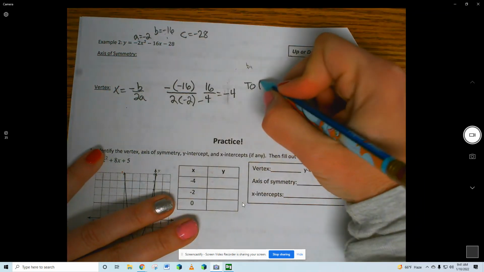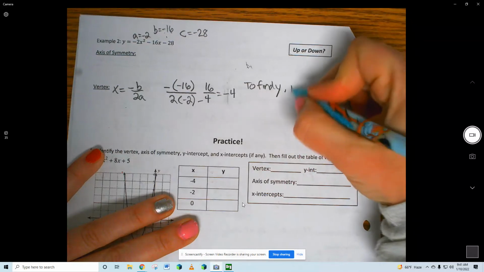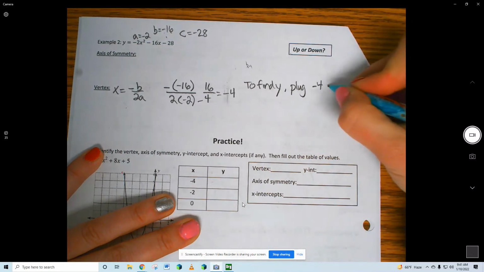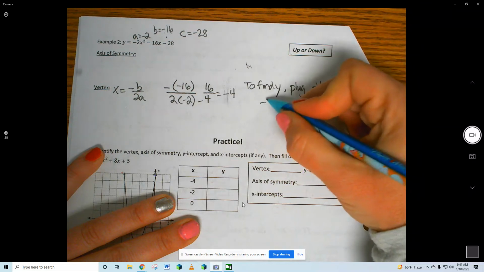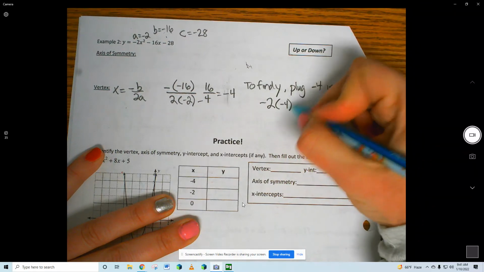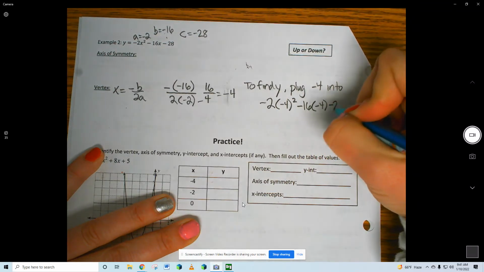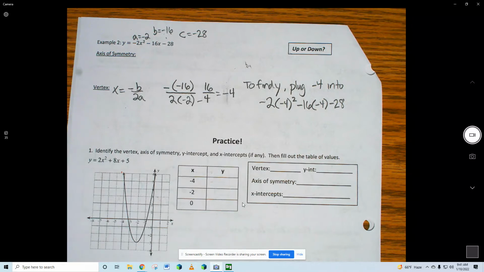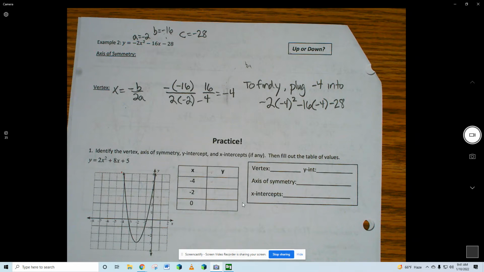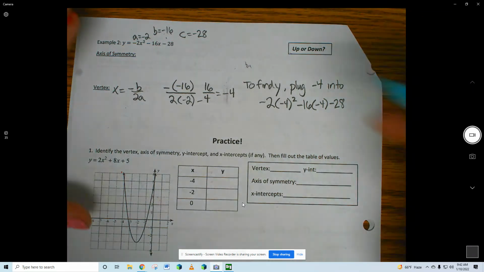Now to find y, plug negative 4 into negative 2, negative 4 squared, minus 16 times negative 4, minus 28, into my original standard form equation. You have to find the vertex first. My axis of symmetry I just found, because it's the first number in my vertex.